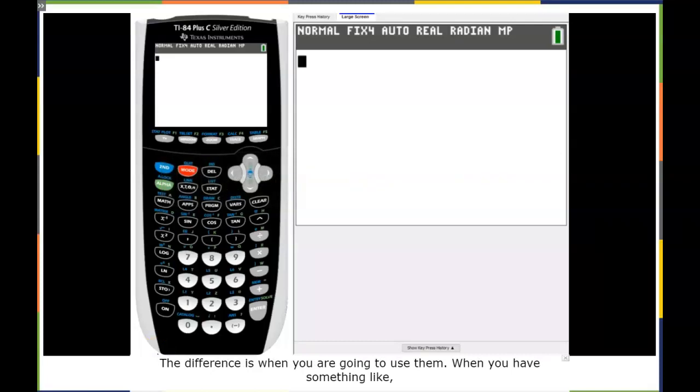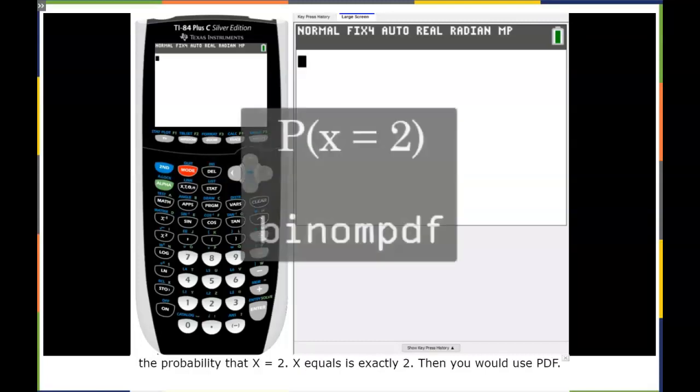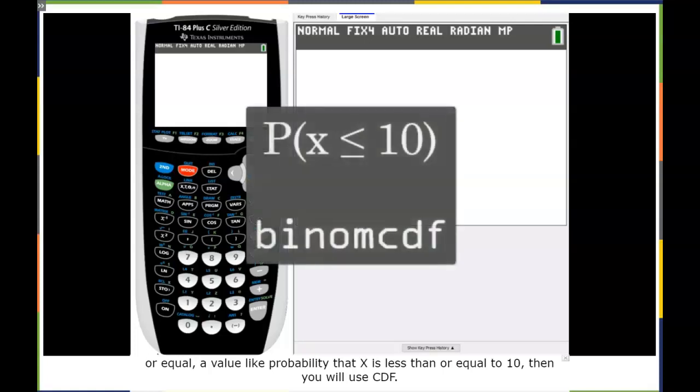When you have something like the probability that X equals 2, that X is exactly 2, then you would use PDF. If the probability you're looking for is X is less than or equal to a value, like the probability that X is less than or equal to 10, then you will use CDF.